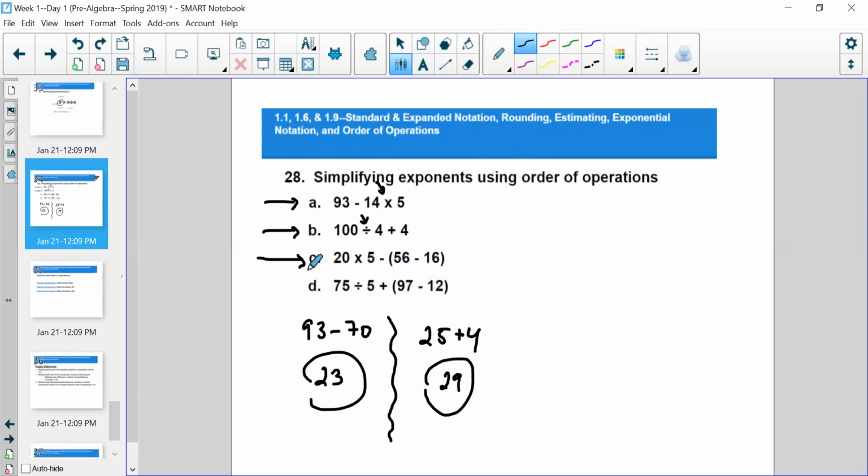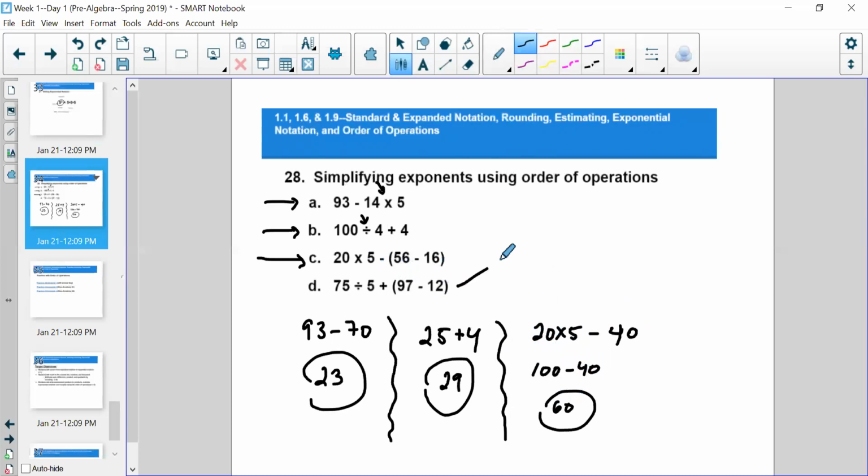So C, scan it left to right, you see parentheses. So we want to do the parentheses first. So 20 times 5 minus, what's 56 minus 16, and that's going to be 40. So then, scanning it left to right again, multiplication first, so that's going to be 100 minus 40, which would be 60. And then for D, we'll work this one up here, scan it left to right.